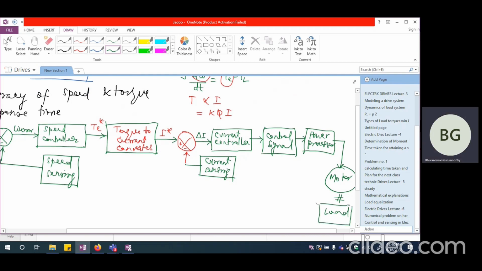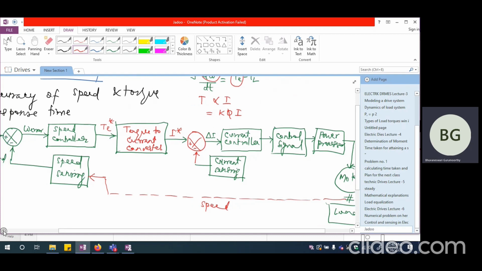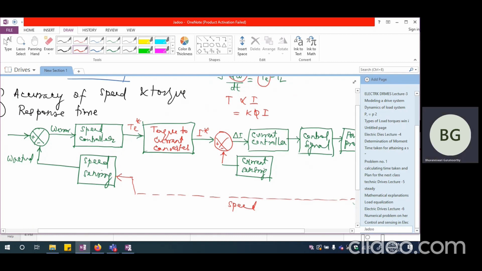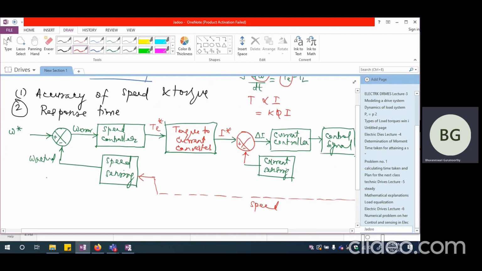Now, between the motor and load, whatever is the coupling, from there, I will have to sense the speed. So I can say this is going to be sensed. The speed is going to be sensed from here. So this is speed, which is being passed on to the speed sensing mechanism, which ultimately reaches the control loop here. So this is going to be the reference speed and this is the actual speed.